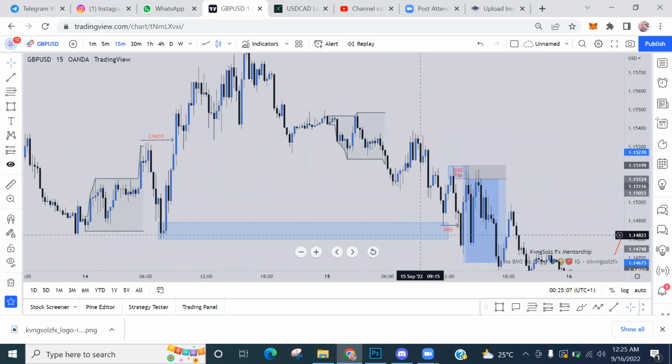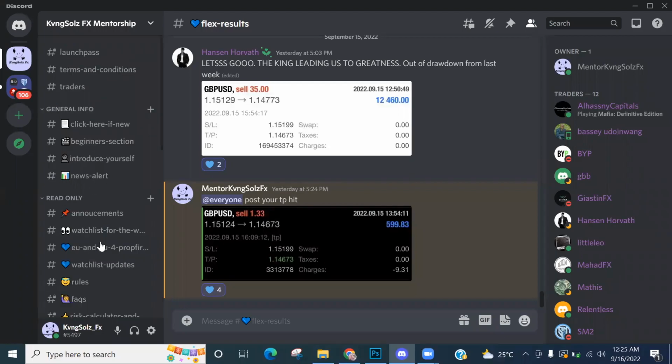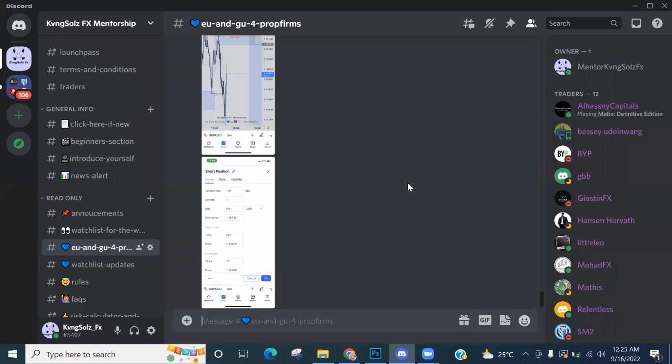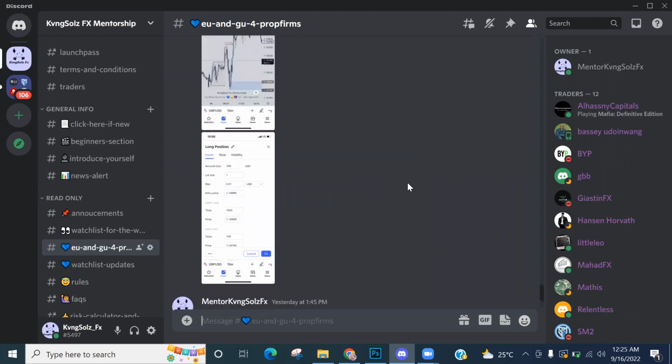I actually wanted to trade off this zone. If you come to my signal room, first of all, I wasn't with my laptop and I wasn't at home. I was just sending chats with my phone, and this was the chart here.